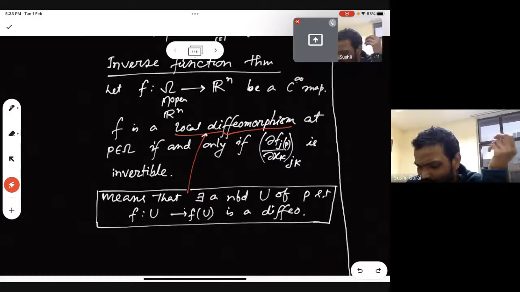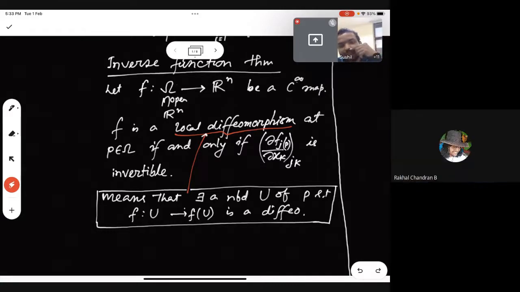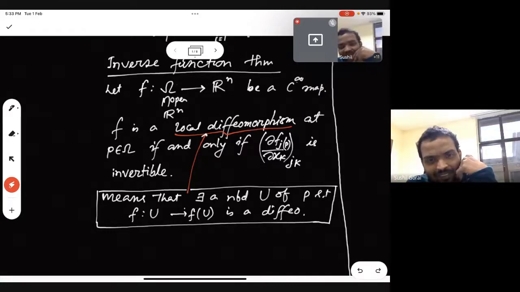No, it's automatically clear from the context. So f of U is a subset of Rn. Do you agree with that? Yes, sir. And it is diffeomorphic to an open subset of Rn. Do you agree with that? So it is open.